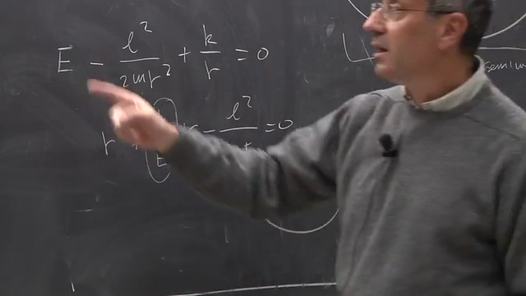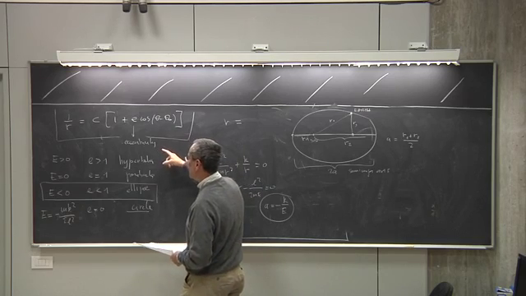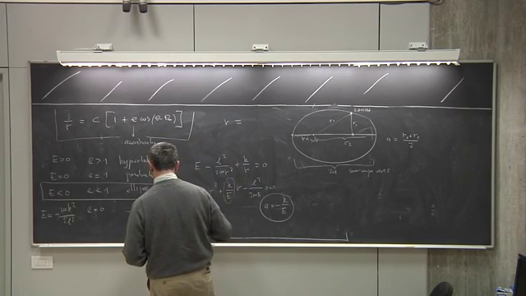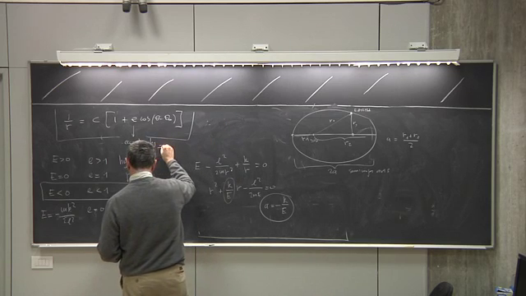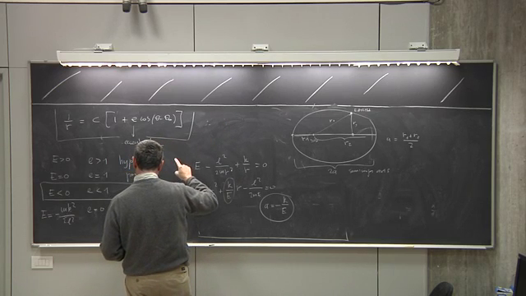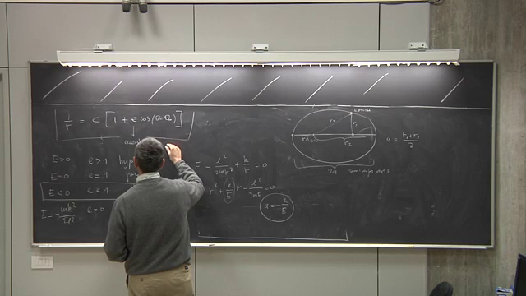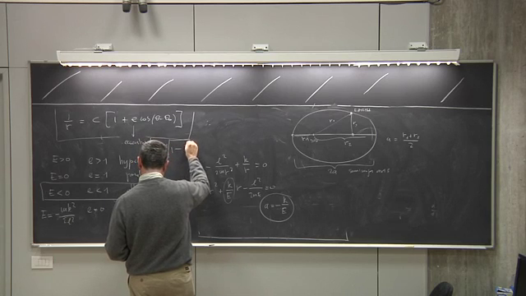So if I use that, you see that the eccentricity now, E was 1 minus L squared over mka.